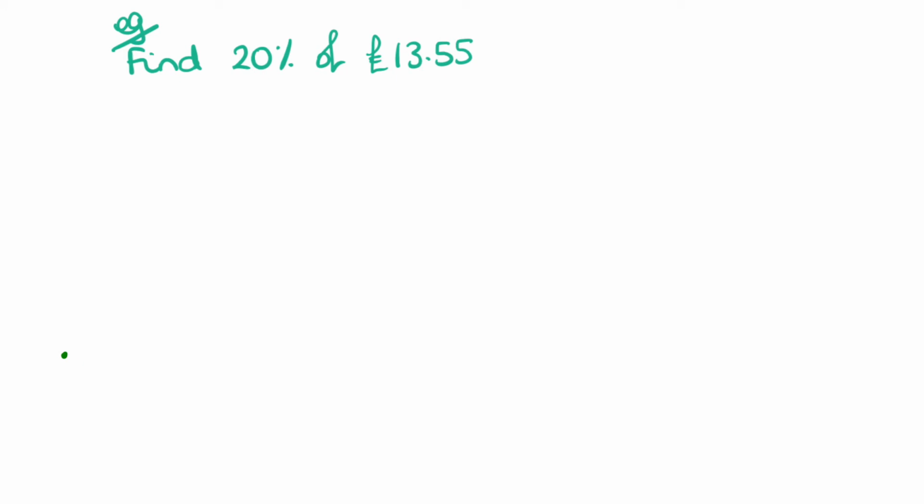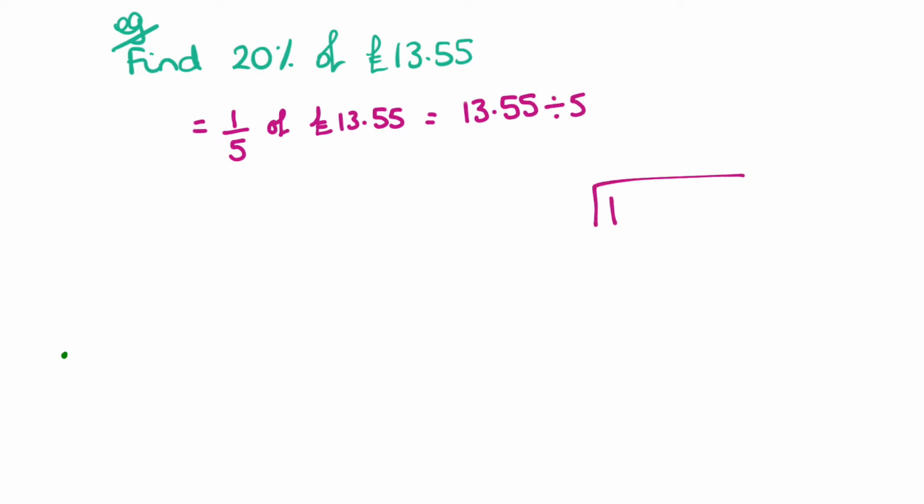Okay, so let's recap how we work out a percentage of an amount. So 20% of £13.55. So 20%, if we look back, is the same size as 1/5 of £13.55. So if we're going to work out 1/5 of anything, remember we need to divide it by 5. So it's £13.55 divided by 5. And we would need to do that as a bus stop calculation. So 5 into 1 doesn't go, so we just carry the 1.